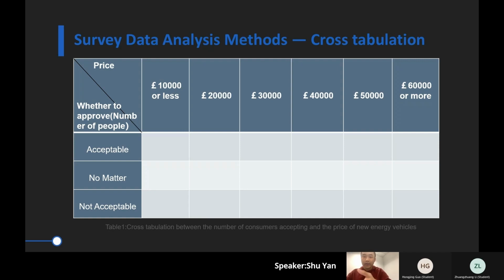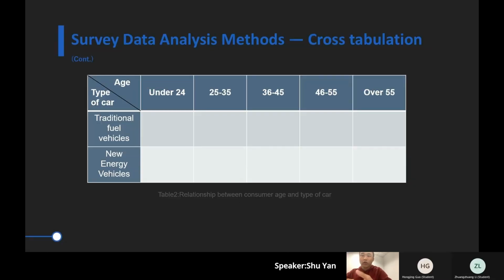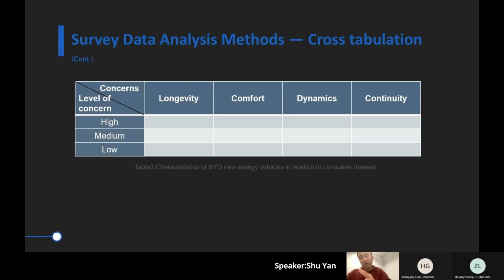The following three cross tabulations were obtained based on three questions of the research survey. This is the table on whether consumers accept the price points of the car. This is a table of the choices for different ages in different types of cars. This is a table of what consumers care more about in BYD cars.